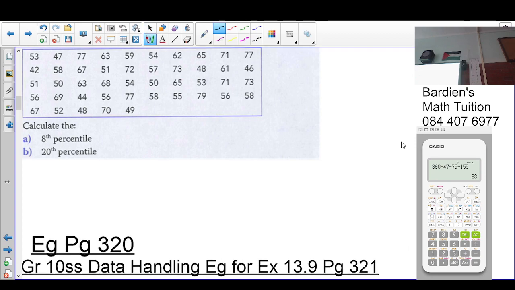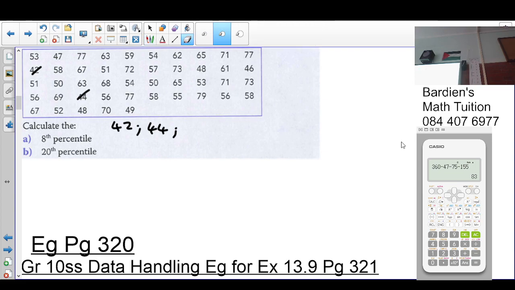Where do we start? The lowest value. I'm seeing 42. Sorry? 44. No, 42 is the lowest. Yes, so 42, then 44. Then? Sorry? 46.